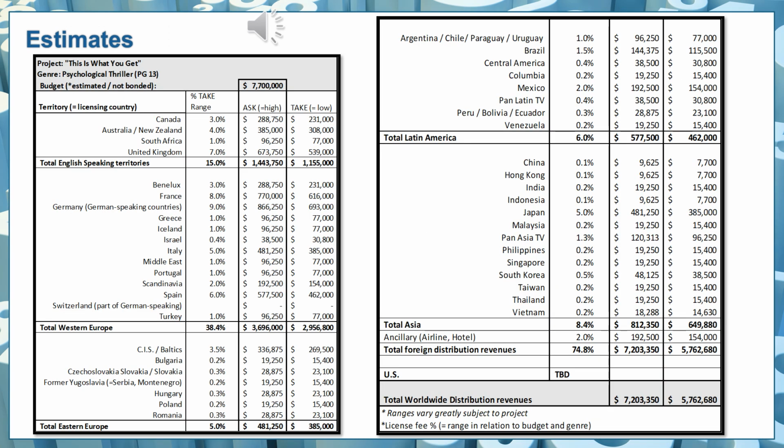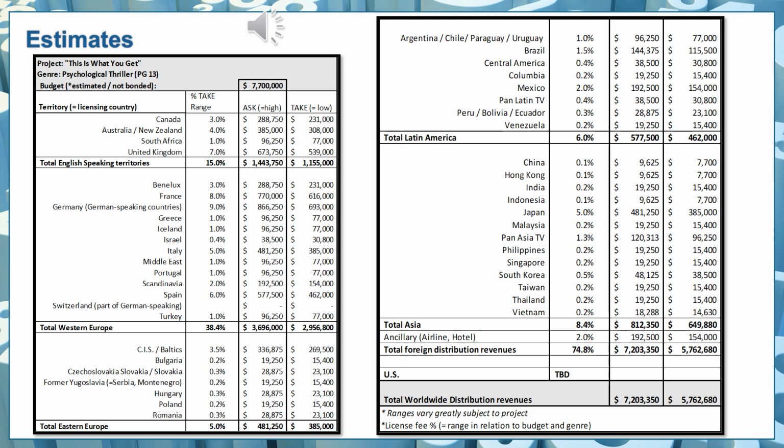So here we see our sales estimates for This Is What You Get. Psychological thriller, PG-13. The estimated but not yet funded budget is $7.7 million. So you see here a range for the take price in the first column.